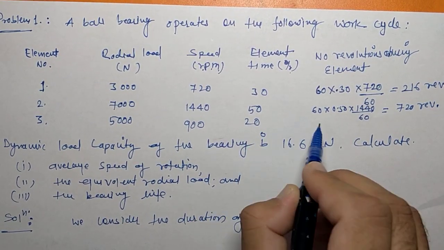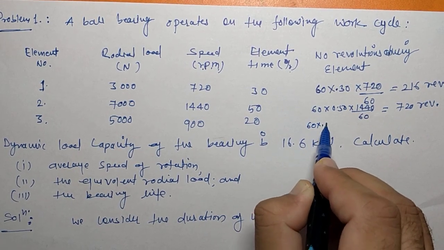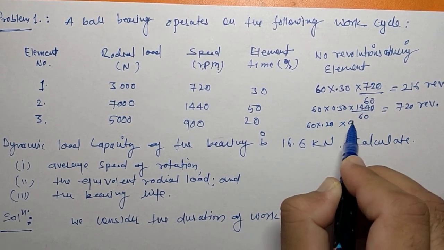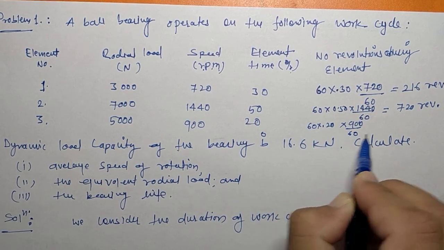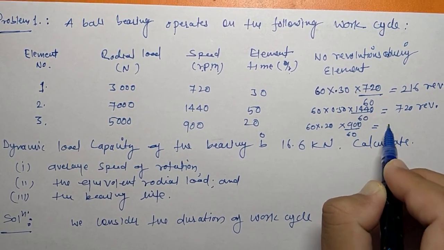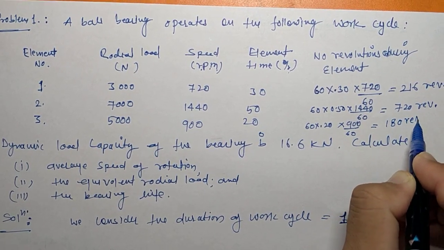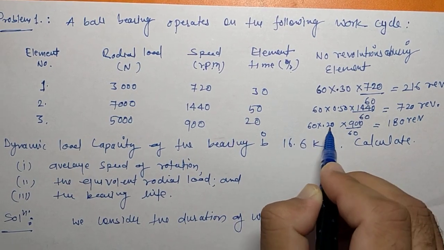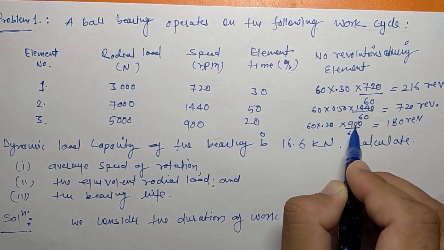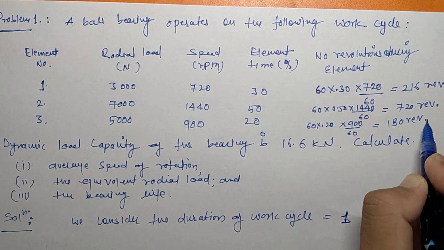And for the third, 60 multiplied by 0.20 multiplied by 900 divided by 60 becomes 180 revolutions. The 60 cancels out, and 0.2 multiplied by 900 is 180 revolutions.